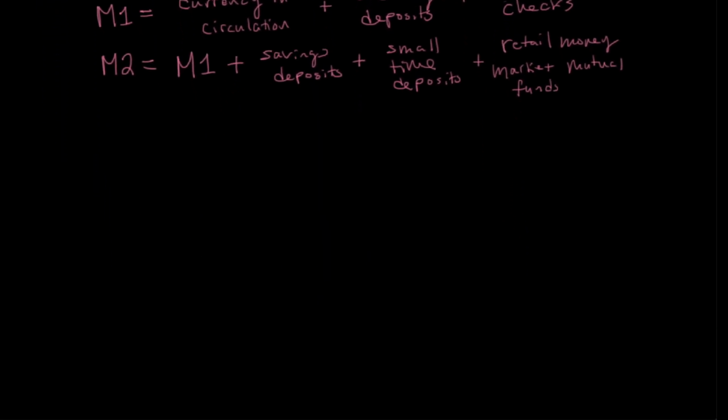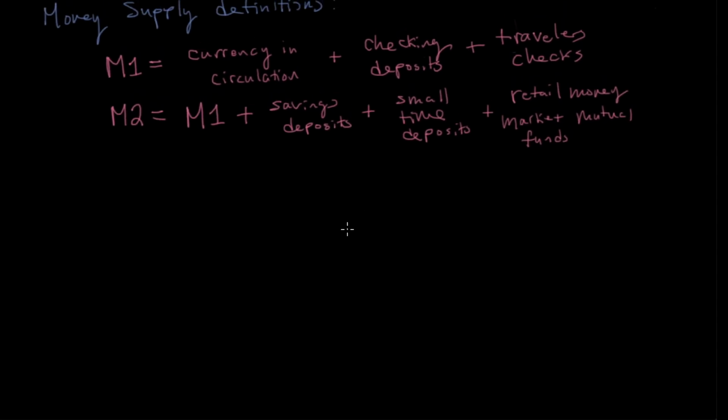So we can think about different money assets as existing on some kind of continuum. So we can think about a liquidity continuum of money assets, where on one hand we have our more liquid assets.